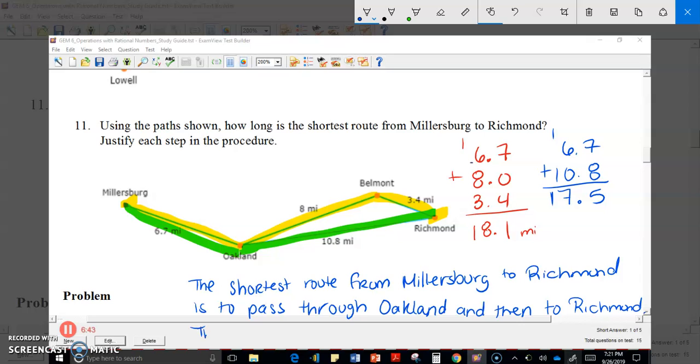This route is 0.6 miles less than the other possible route through Belmont.